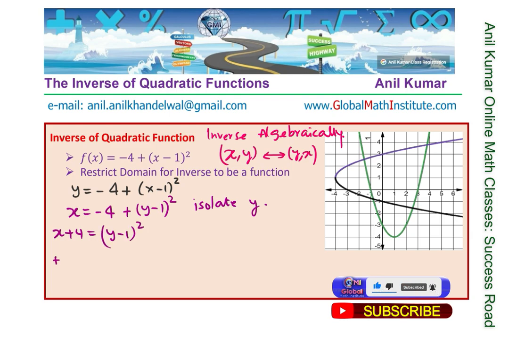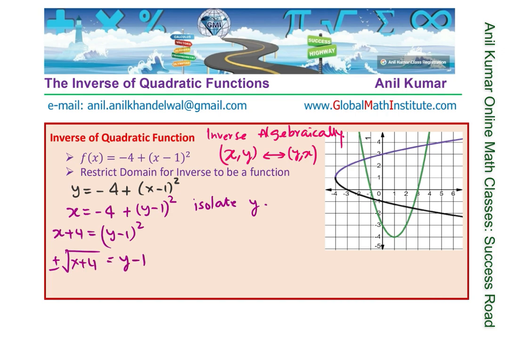And then, of course, we take the square root with plus and minus. So we get y minus 1, and bringing 1 over, we get 1 plus or minus the square root of x plus 4, which is y. Therefore, we can now write down the inverse of this particular function, which is f inverse.